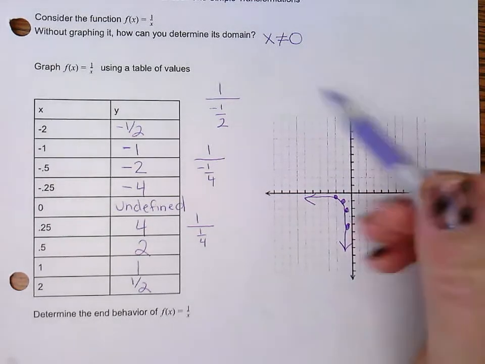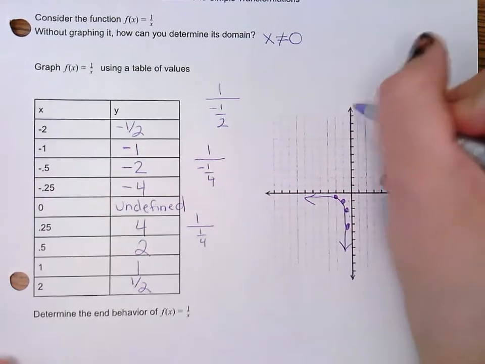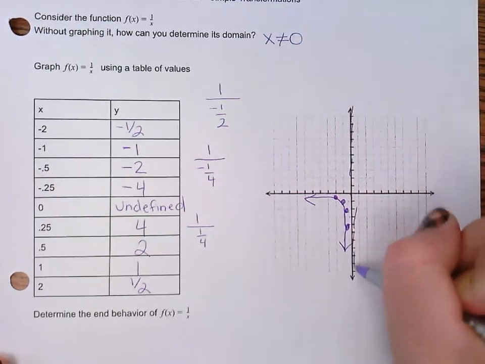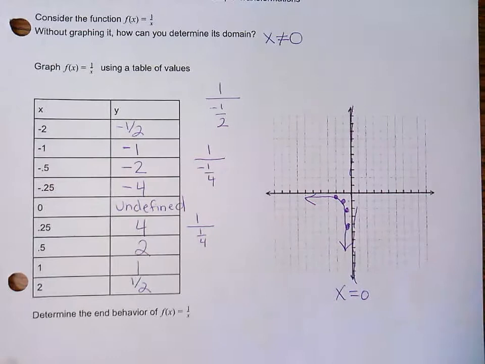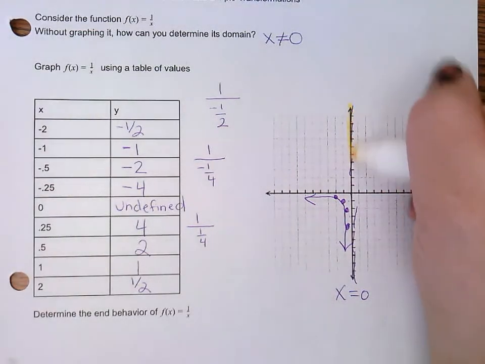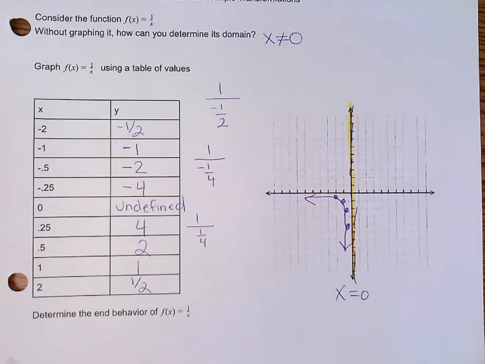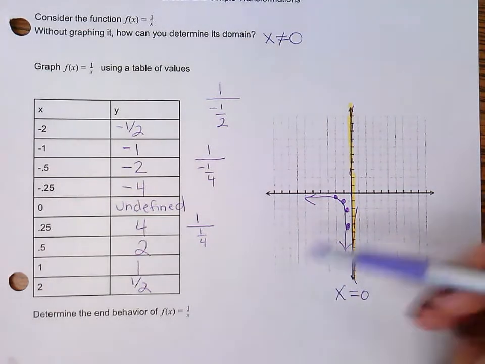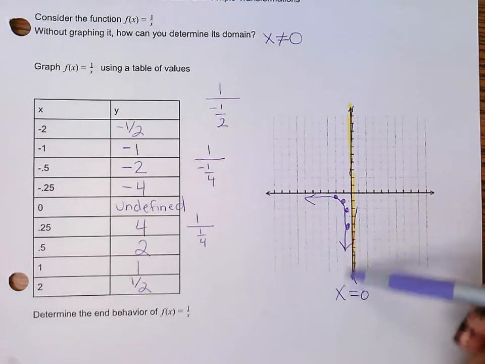And now where it's undefined, that's actually a vertical asymptote at x equals 0. That's kind of hard to see, but this is an asymptote. It's a line that the graph is going to approach. It's going to get closer and closer to that line as it goes down here.